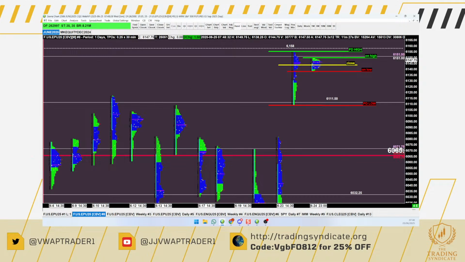Exactly. So there's a gap. That equals short position. And tomorrow is month end.